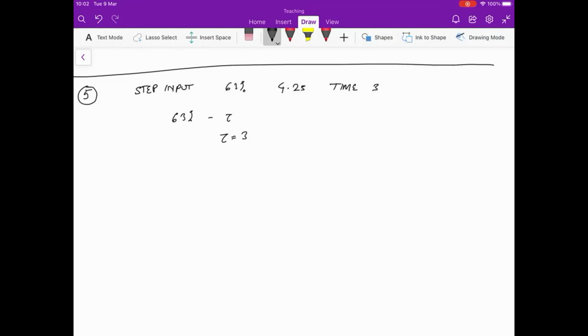And when there is a step input, the amplitude of this value is 1, and we're getting an amplification factor of 4.25, so k equals 4.25. If you plug these two in, the transfer function G(s) is given by k over 1 plus tau s, which is just 4.25 over 1 plus 3s.